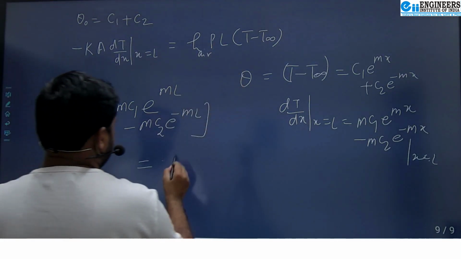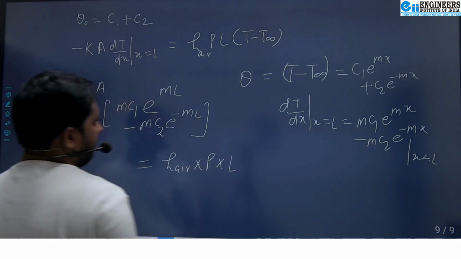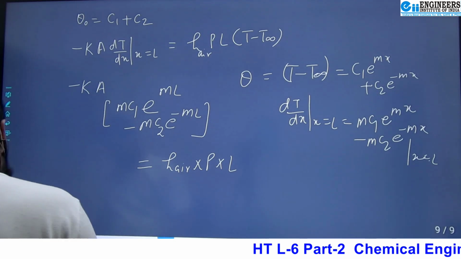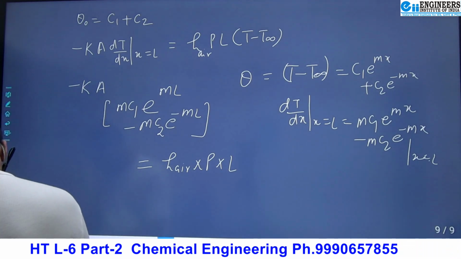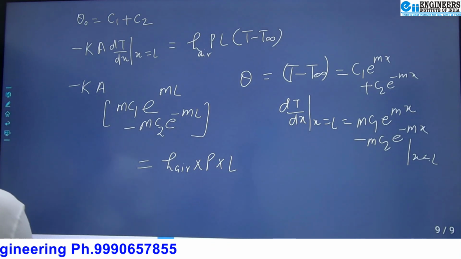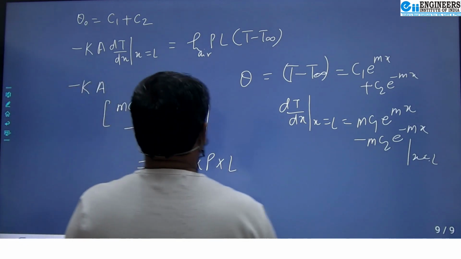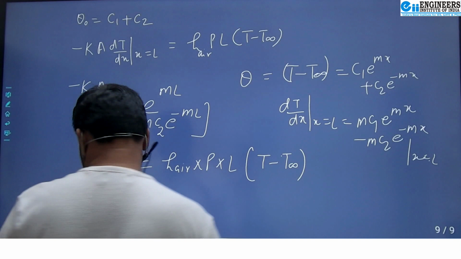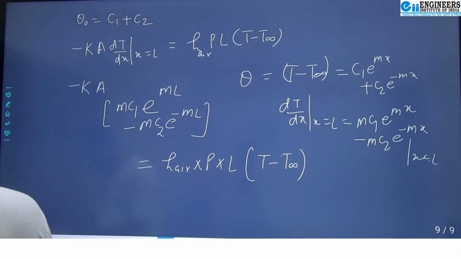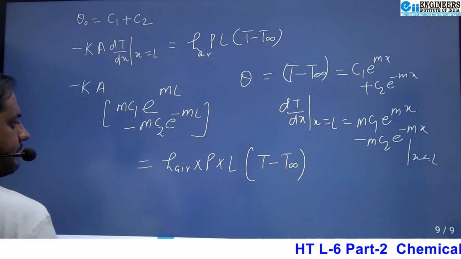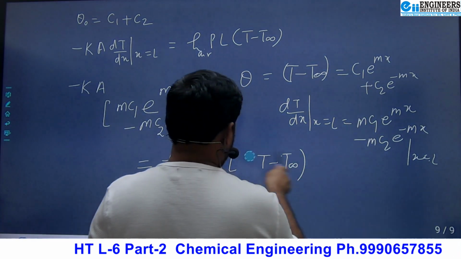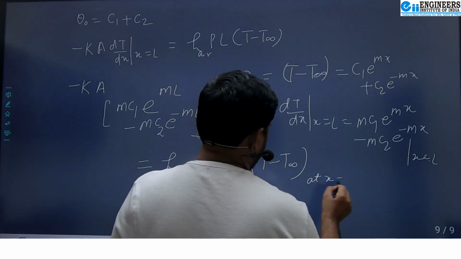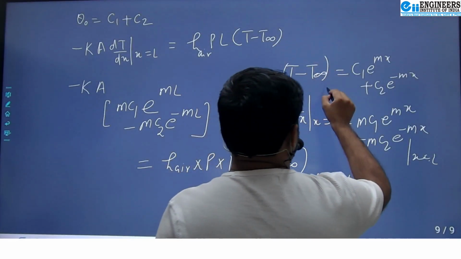What is our right side? h P L into T minus T infinity at x equal to L. So T minus T infinity at L, you can directly write as T minus T infinity at x equal to L. And we know what T minus T infinity is. So if we put this value at L, this is the value.